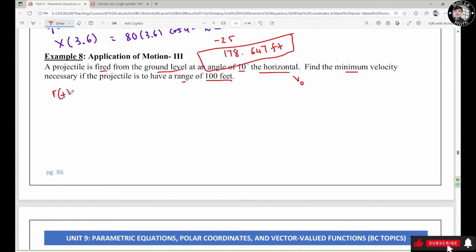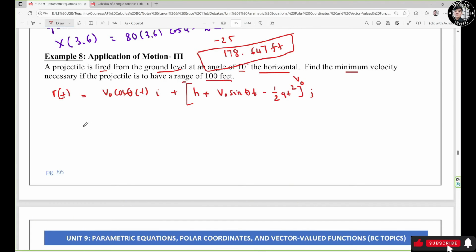R of t equals v0 cosine theta times t, right? Plus initial height plus v0 sine theta t minus 1/2 g t squared, and this one is the j component, right?